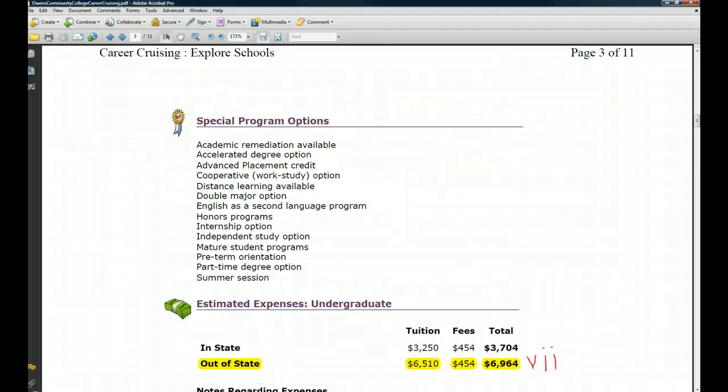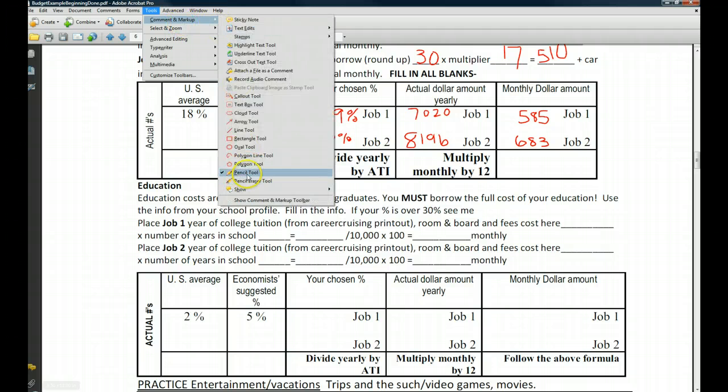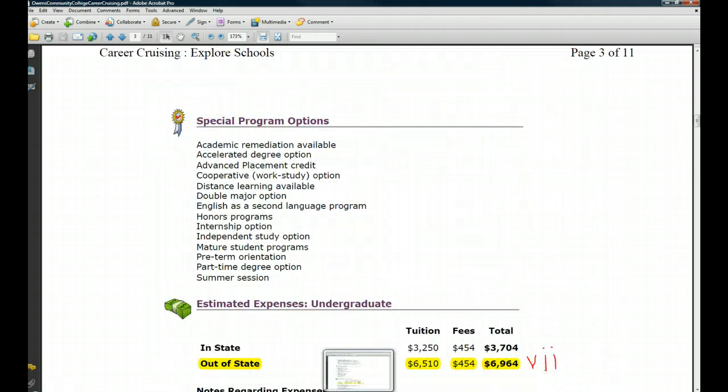Okay, remember you highlighted how much your education was on your career cruising college printout. So for me at Owens Community College, it's $6,964. So I will put that in.